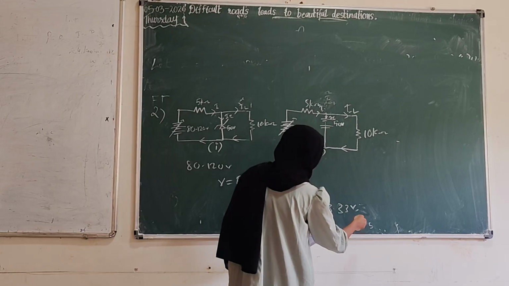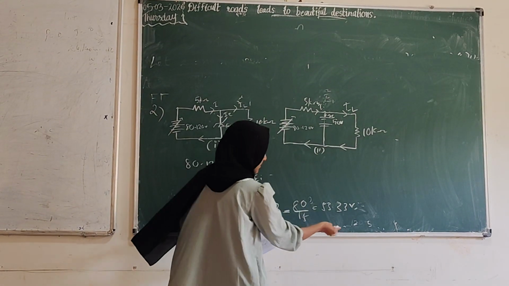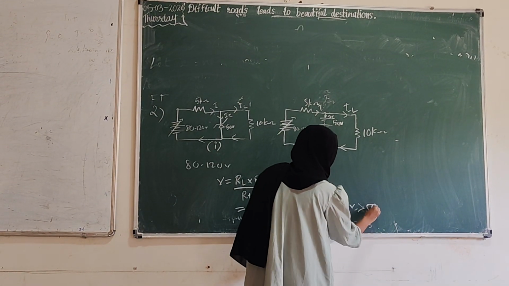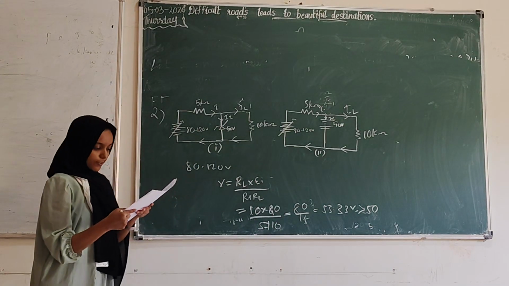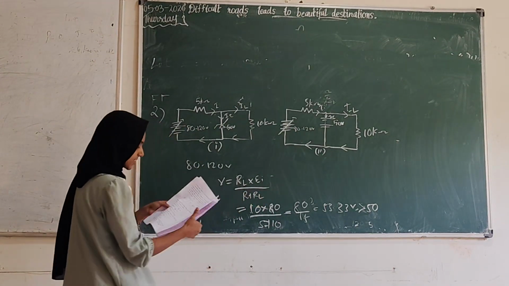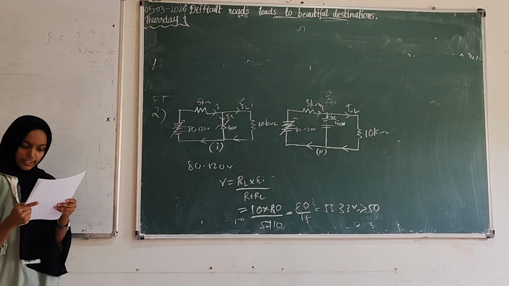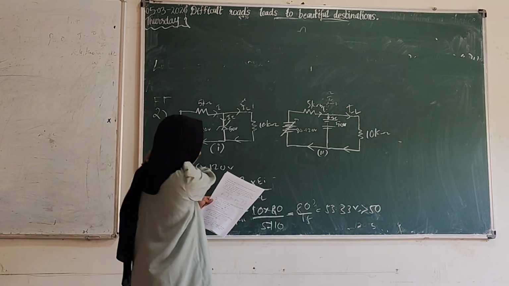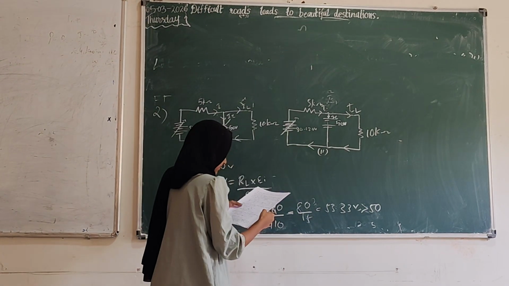It is greater than the zener voltage, that is 50. If the voltage is greater than the zener voltage, then it will be in on state. So we can draw the figure like this.